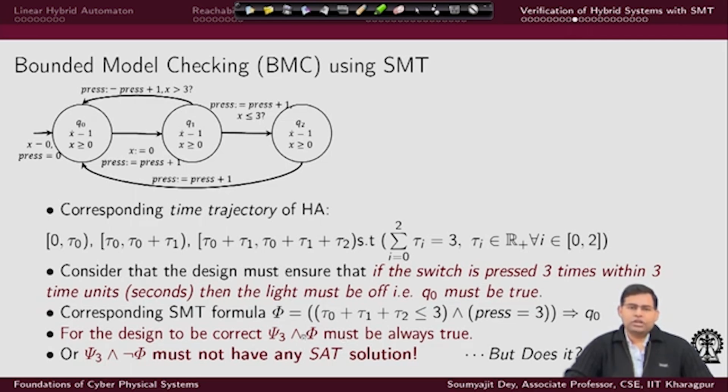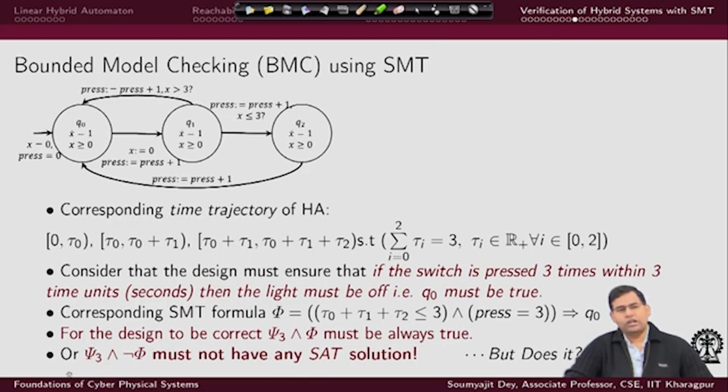The way to check would be to check the other thing, because this would require you to check for all possible value assignments. So, you take the other way: you check whether there is a way to satisfy psi 3 and the negation of phi. That means, for all possible evolutions of that automata, is it possible that there exists some evolution or some specific value assignment, so that I take some path in that automata, but this formula is not true?